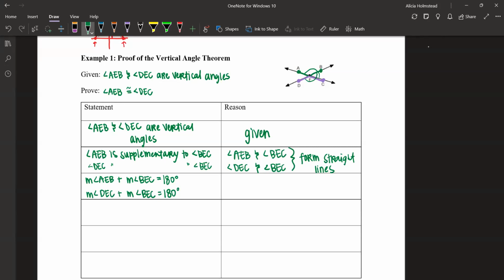And we conclude that because of the definition of supplementary angles.